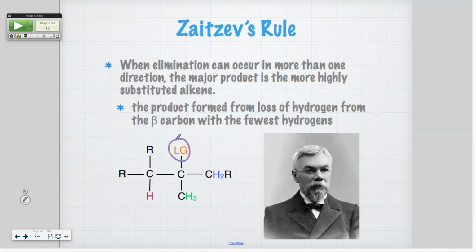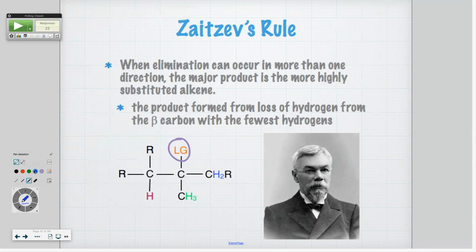So if you look up here, you've got blue, you've got green, and you've got that magenta color. Which one do you think will give you the more highly substituted double bond? If you lose the leaving group and an H off of here, the blue, what will you get?